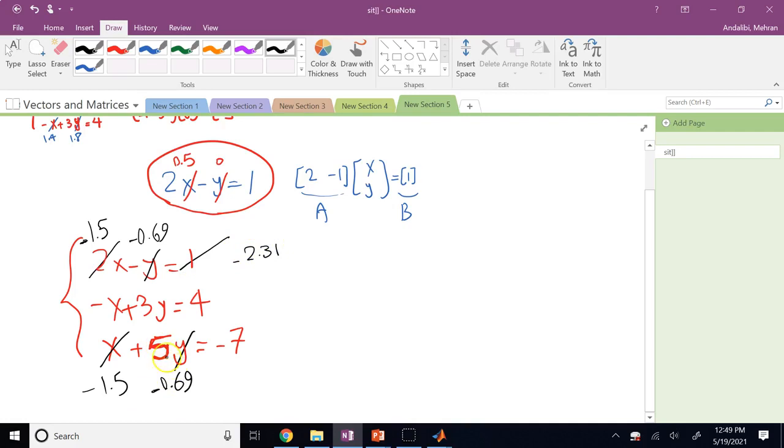If you do this one here, this is negative 1.5, this is 3.45, correct? So this is going to be something close to -5. And this one is going to be about -3.5.